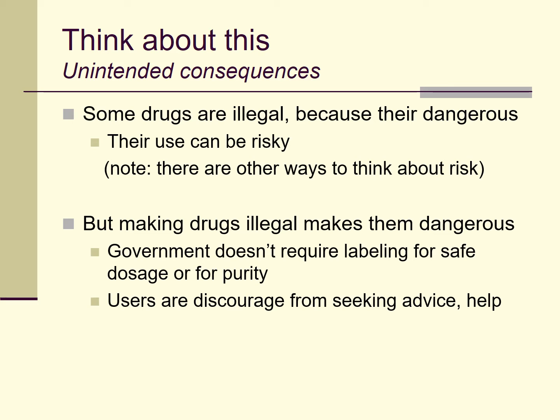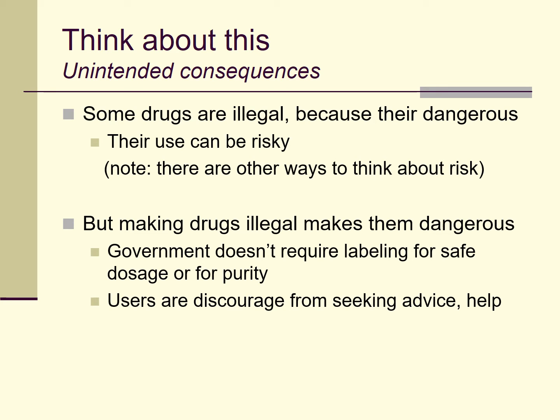Those of you who are students of history, or indeed all of you when we get to the lecture on alcohol, will remember that during Prohibition in the 1920s in America, when alcohol was made for most purposes illegal, a lot of the push behind that was to increase safety, because there were lots of health problems, and there still are, associated with alcohol use.